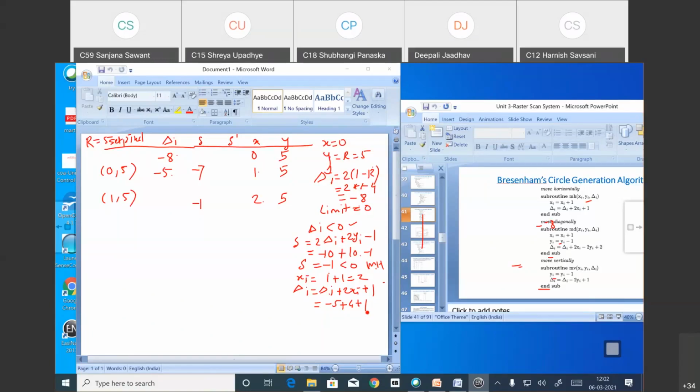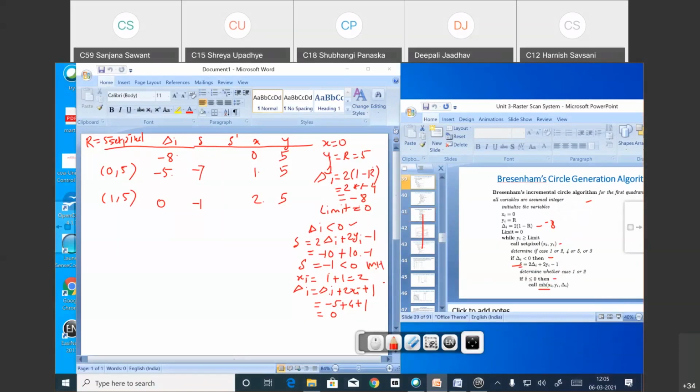So as it is 0, I write it here 0. Again start with the first one.